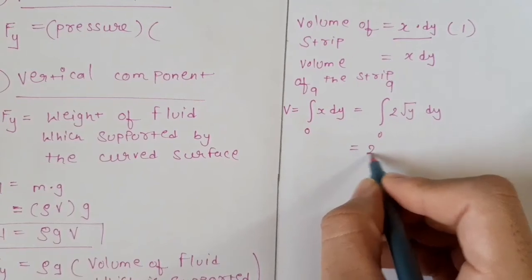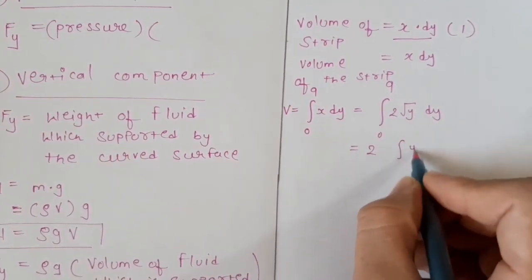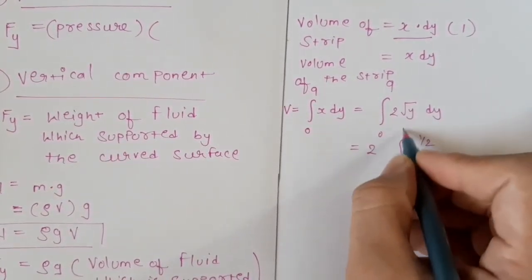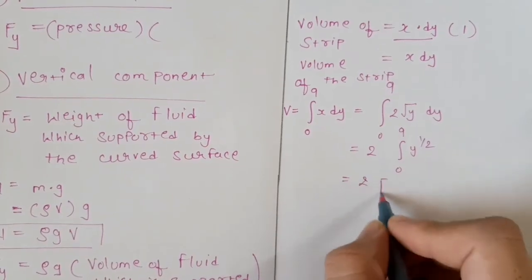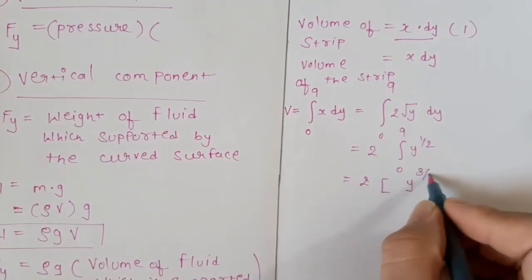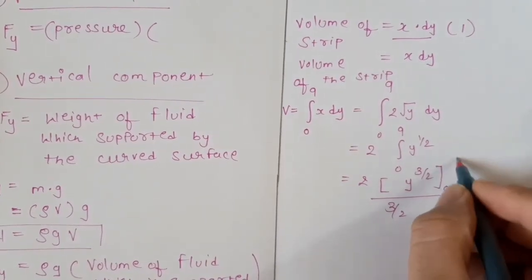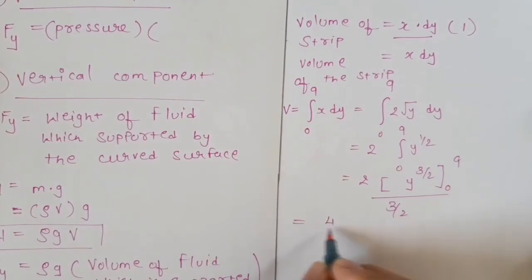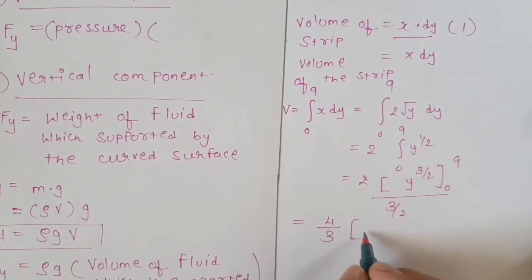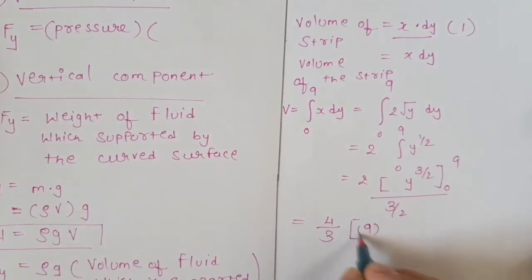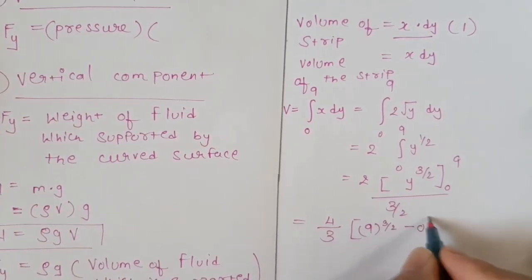So it will be 2, common, integral of root y. The integration of root y is y raised to 3 by 2 upon 3 by 2, from 0 to 9. So it is equal to 4 by 3 into 9 raised to 3 by 2 minus 0.